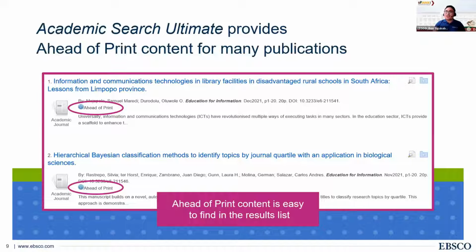And these types of content represent the most recent research in clinical, STEM, and empirical disciplines, po. Hindi po ito available sa lahat po ng databases, but the metadata of these AOP titles or articles, po, are available in databases like Academic Search, so all of the versions, po, of Academic Search.